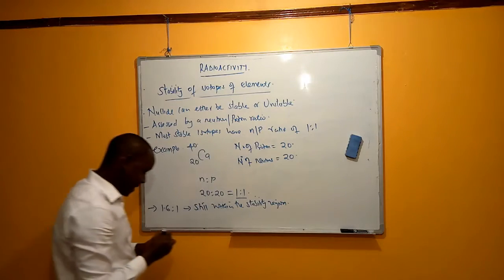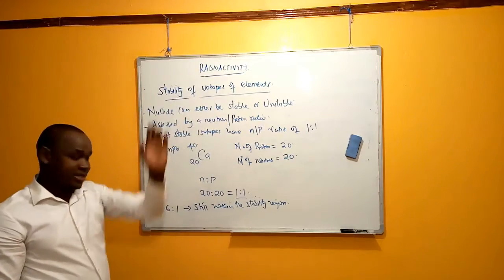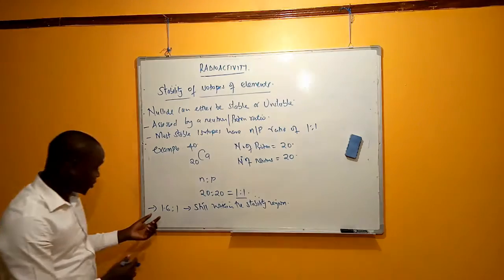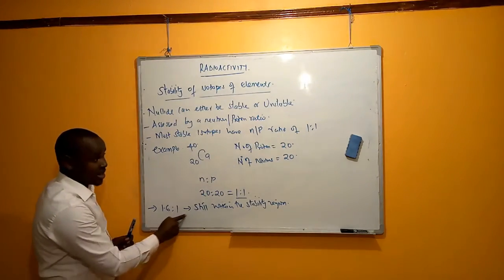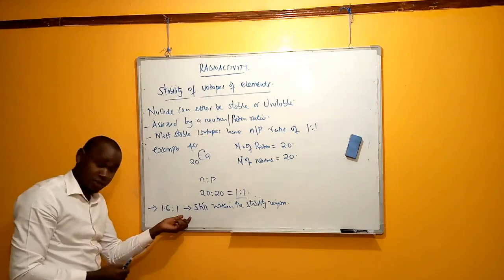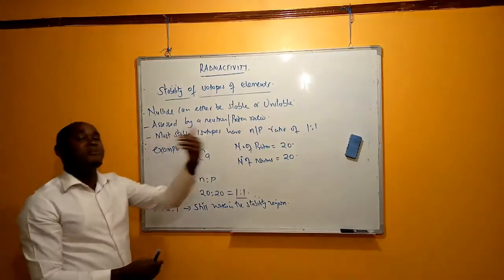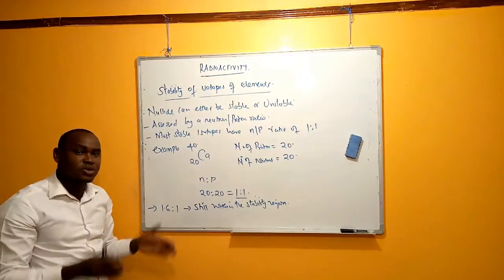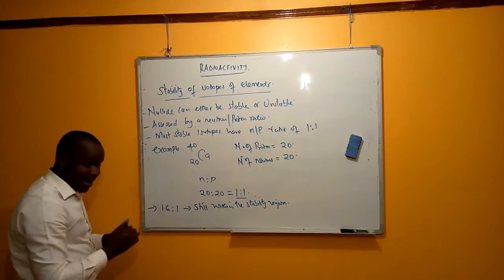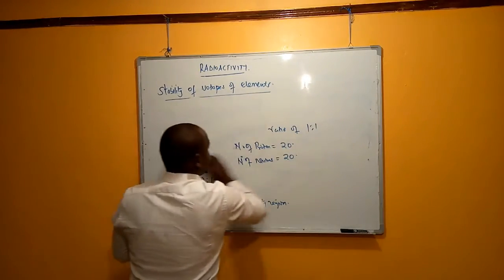Within the stability region. But above this ratio, 1.7 going upwards, the nuclide becomes too large. Because when you're talking about 1.6:1, this is neutron-proton ratio. It means it has got more neutrons than protons. So above this ratio, neutrons will be so many, and the nuclide becomes too large and therefore unstable.